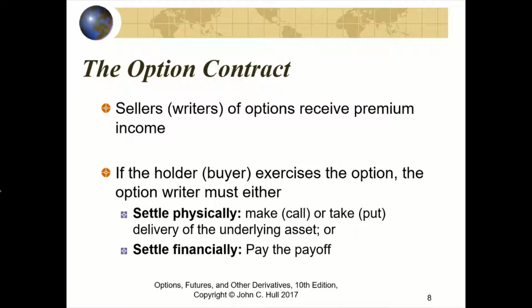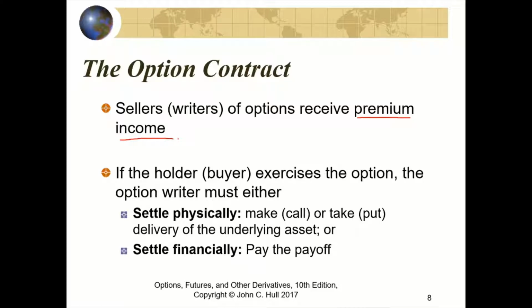Now, the writer or the seller of options, the only cash flow that he will receive is the premium income. So the premium that the writer receives is considered as an income. Now, if the holder exercises the option, the option writer must either settle physically, as I showed before, or must settle financially.